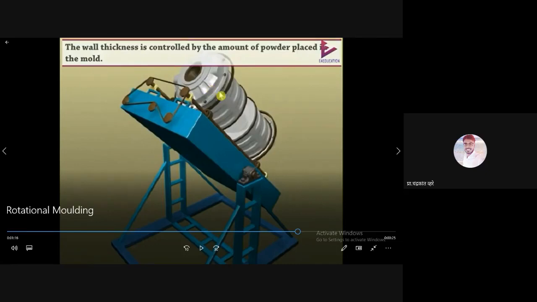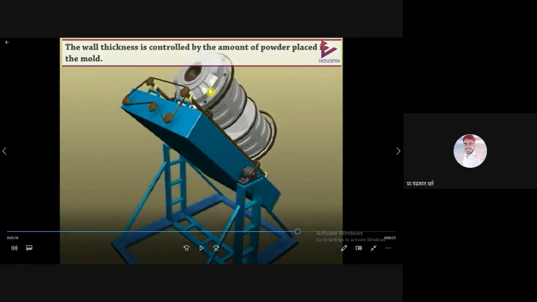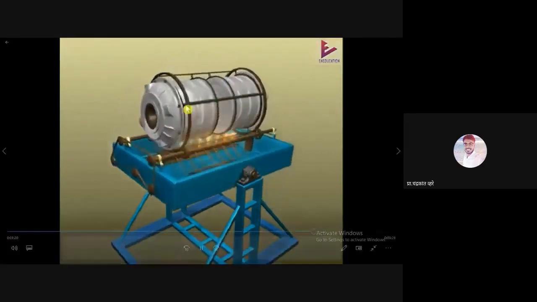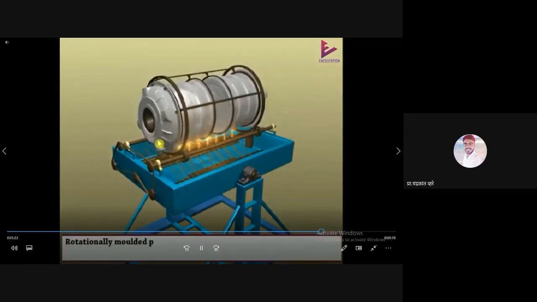As we increase the amount of powder filled into the mold, the thickness will increase as per our requirement: 2 mm thickness, 3 mm thickness, we can obtain by using the amount of powder inside.